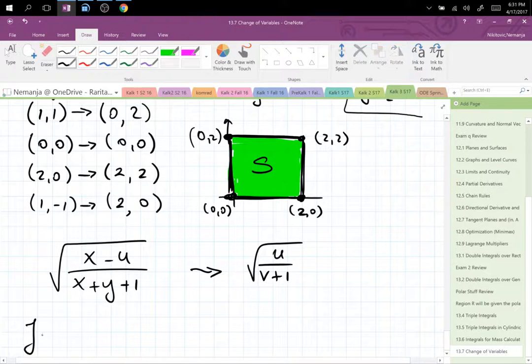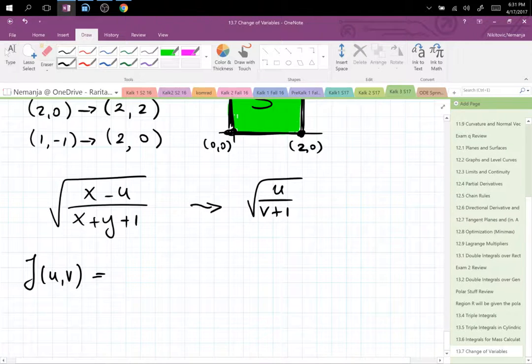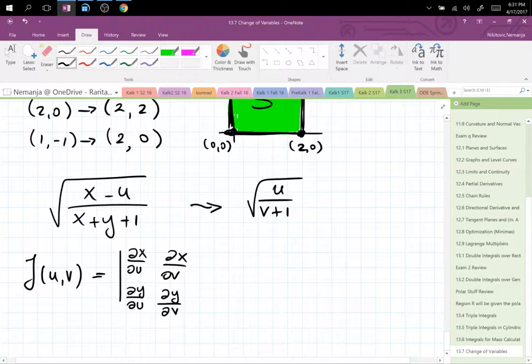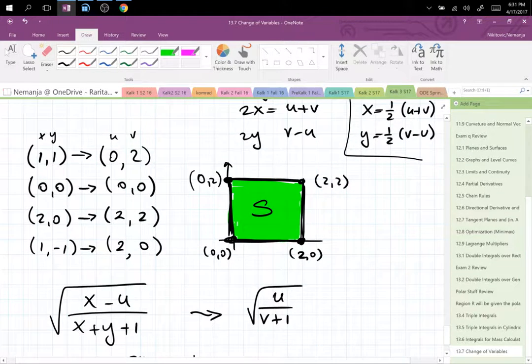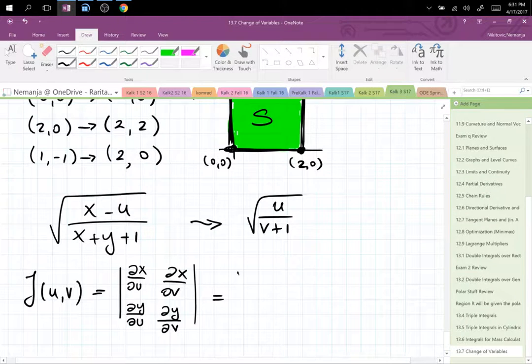So the Jacobian of uv, I keep writing this so you memorize it: partial x partial u, partial x partial v, partial y partial u, partial y partial v. Partial x partial u and partial x partial v are both 1/2 each.